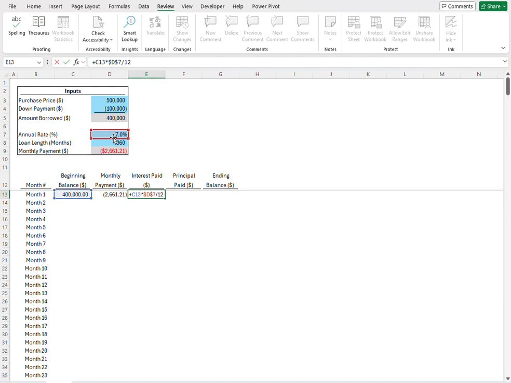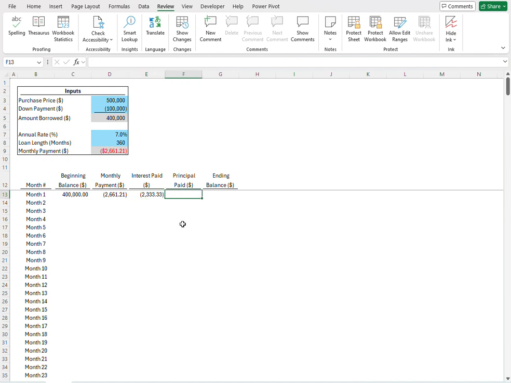And so to get a monthly rate, we just need to divide by 12. I'm also going to make this a negative number just so it is consistent with the monthly payment to the left. So in this example, our interest paid is going to be $2,333.33 in the first month.